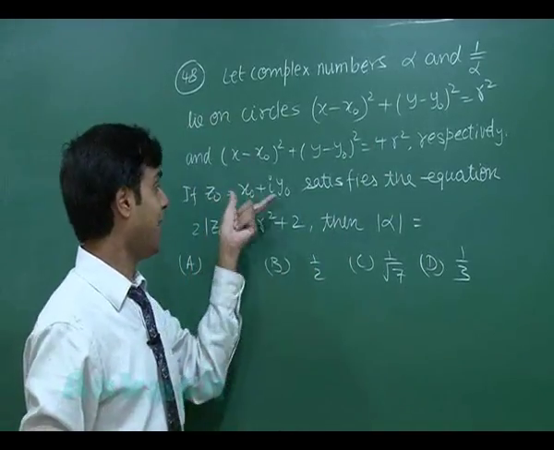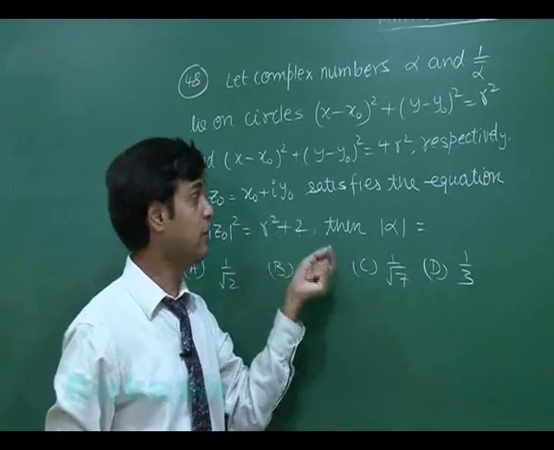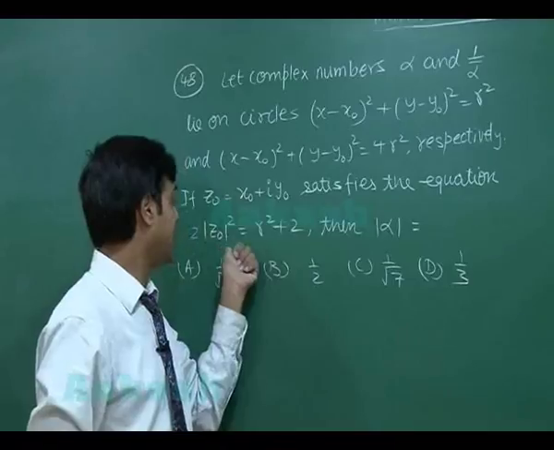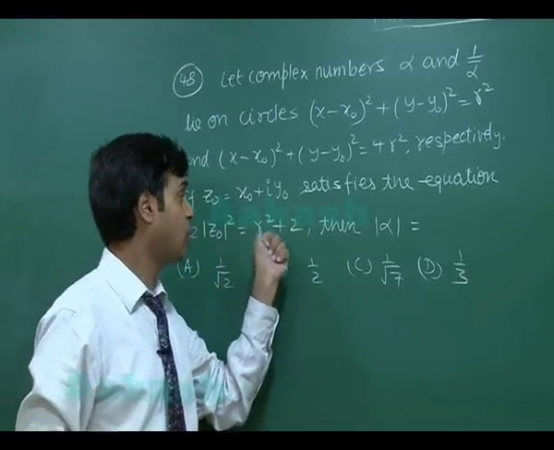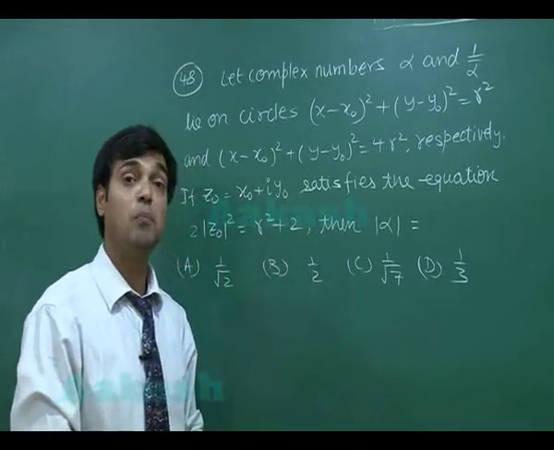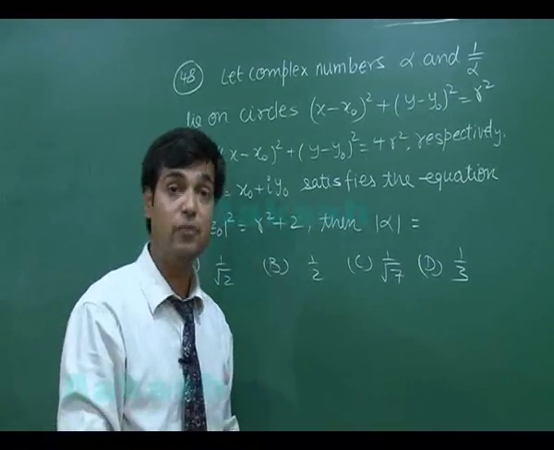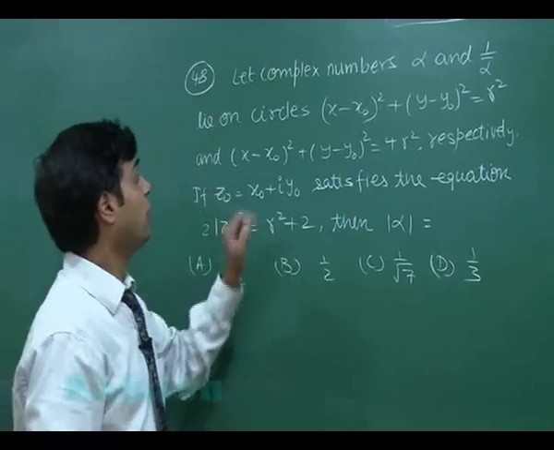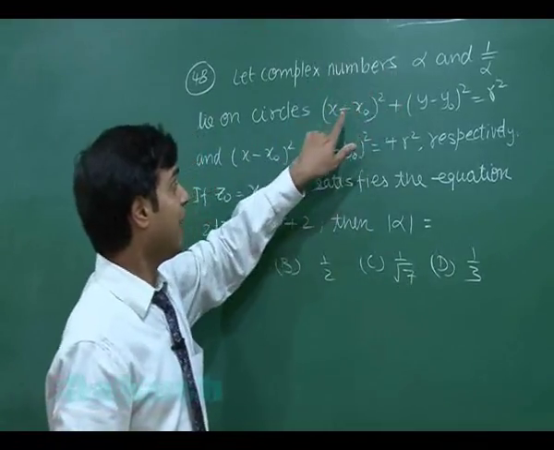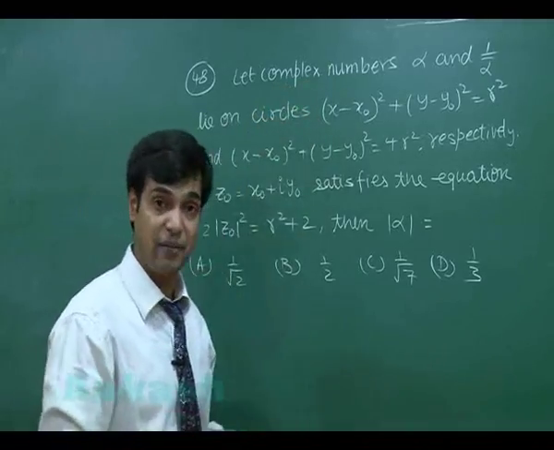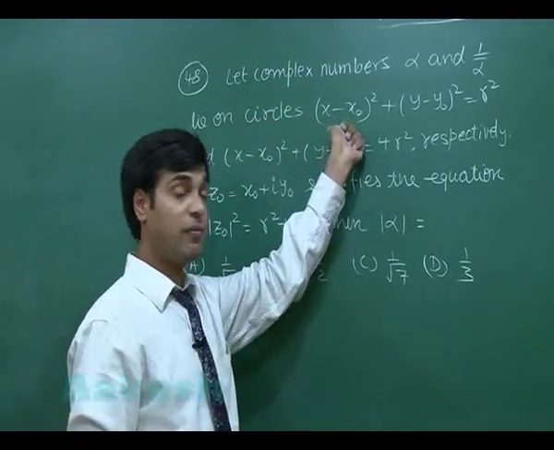If z naught, that is x naught plus i y naught, satisfies the equation 2 mod z naught square equals r square plus 2, then mod alpha equals, we have to find the value of it. Four options are given. So the complex numbers alpha and 1 upon alpha bar are satisfying these two circles respectively. So alpha is lying on the first circle.